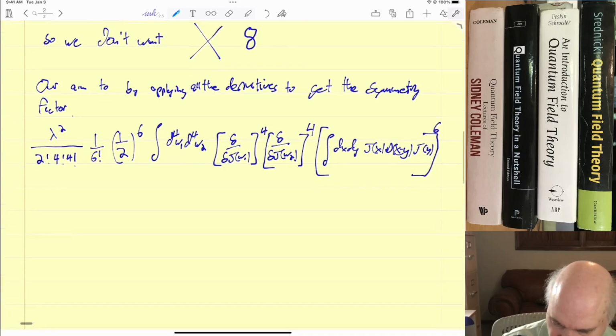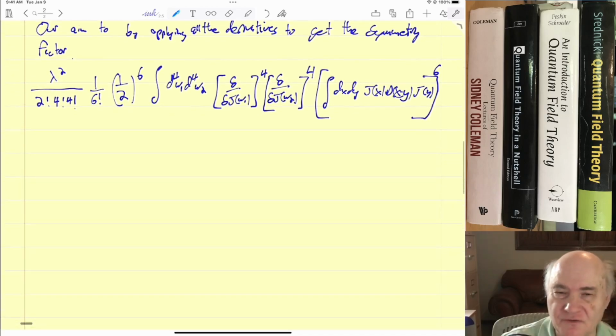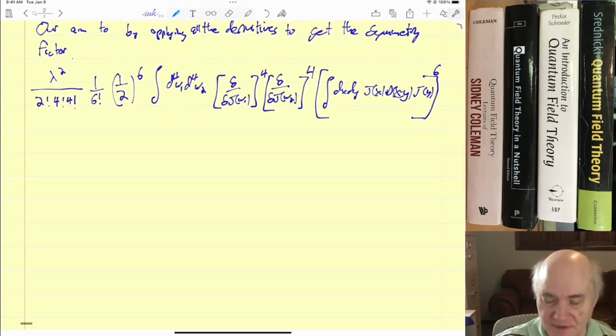Now, this is like an exercise. As a student, you're not going to really do this stuff. You could program this, Maple does functional derivatives, and I'm sure Mathematica does also. You could try and put this in Maple or Mathematica, or you could try and do it by hand. Really, the books that talk about symmetry factors, like Zee's, give combinatorial arguments.